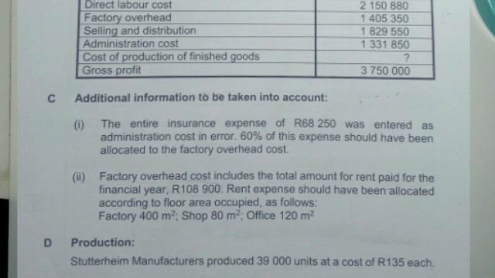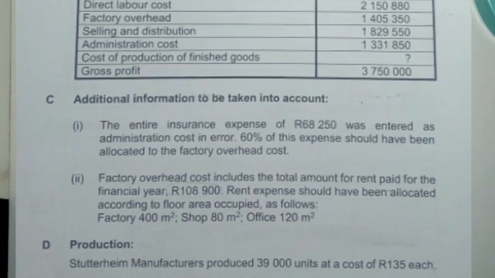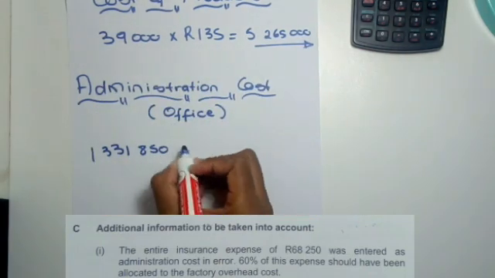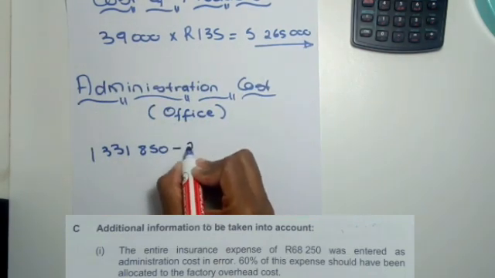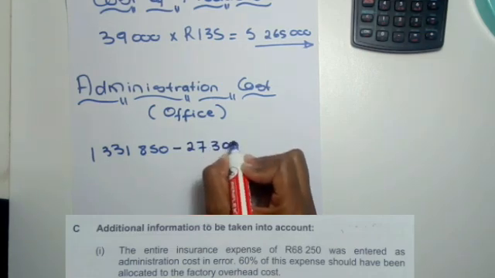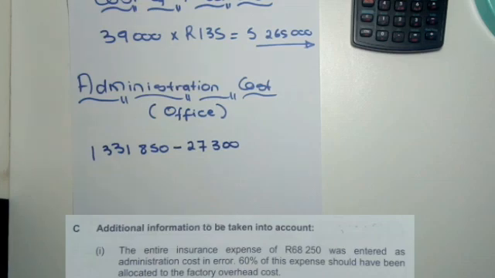The 60% of this amount was supposed to go to factory overheads, and when we calculated that 60%, it gave us 27,300, and we took that 27,300 to factory overheads. So that means if we added it to factory overheads, we need to come and subtract it here, that 27,300.